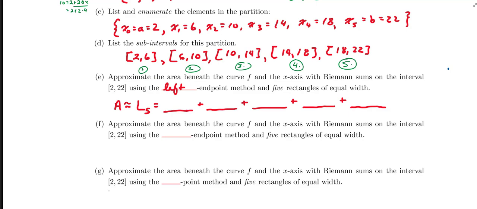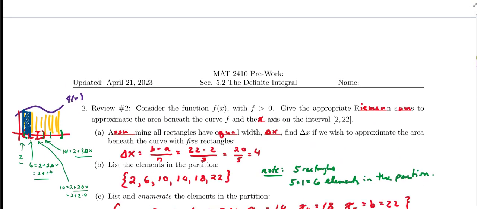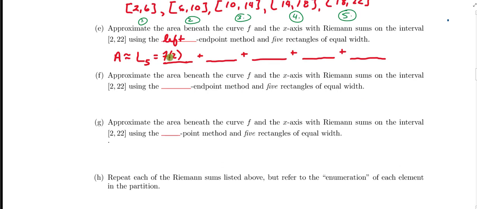Now what am I going to do with that 2? I'm going to plug that 2 into the function because that gives me this height value right here that I'm going to use as the height of that rectangle. So 2 is not my height, careful there. 2 is not my height, but that's the x-coordinate that I plug into the function to get the height of that first rectangle. Then I'm going to multiply it by that particular rectangle's width.